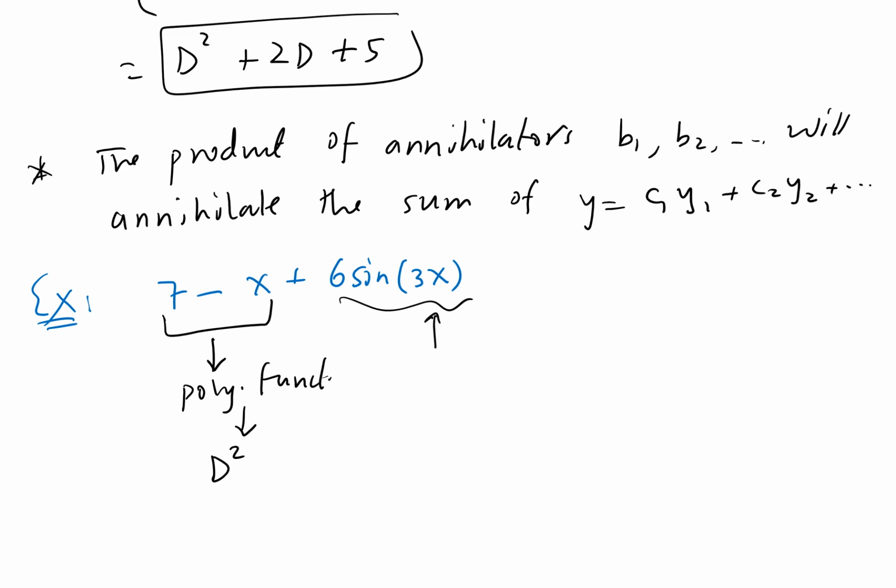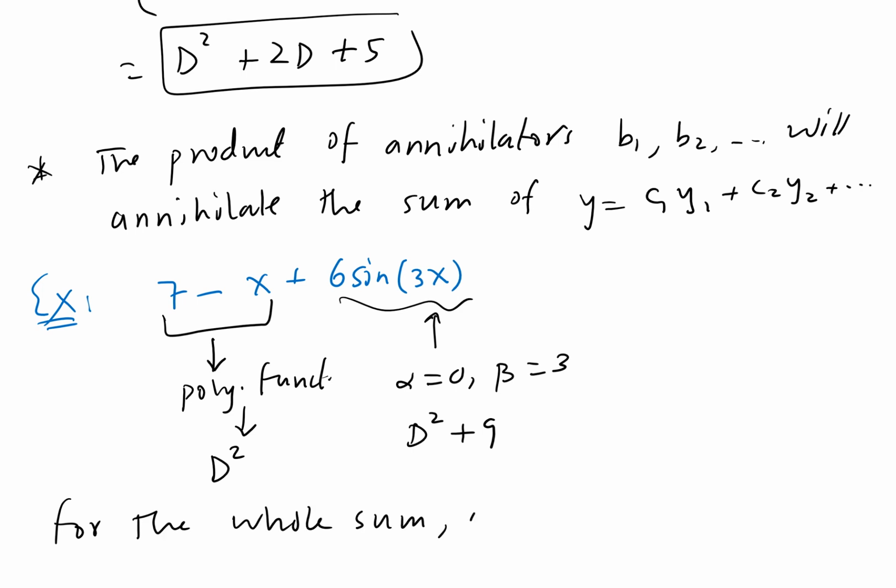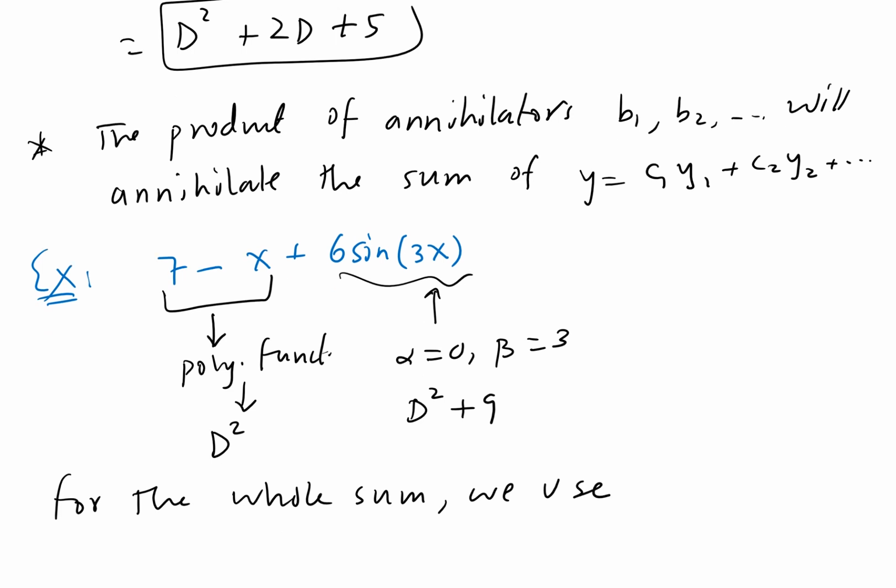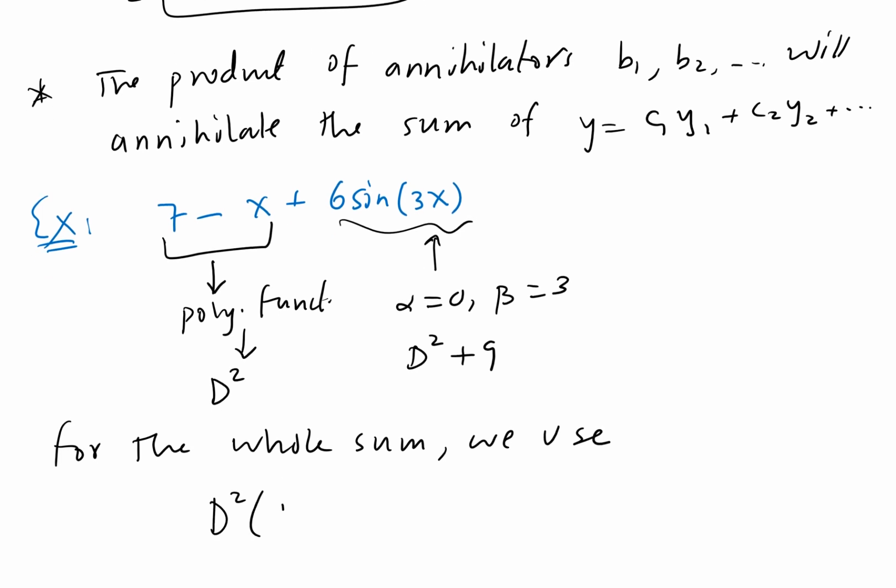This by itself is a function, one function. Here, there's no alpha. Alpha is 0, but beta is 3. So we use d squared minus 2 alpha d, which is gone, plus beta squared, which is 9. So for the whole sum, we use d squared times d squared plus 9.